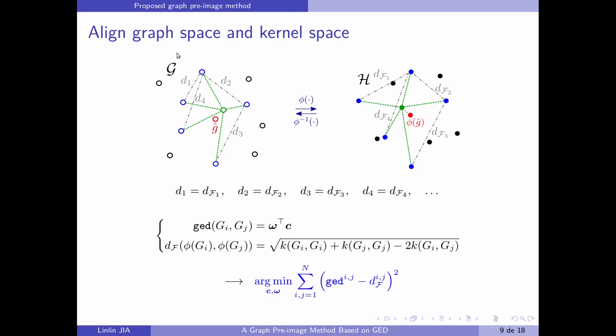We want the distance between each pair of graphs to be as close as possible to the distance between the corresponding elements in the kernel space. Namely, we want D1 equals df1, D2 equals df2, and so on.